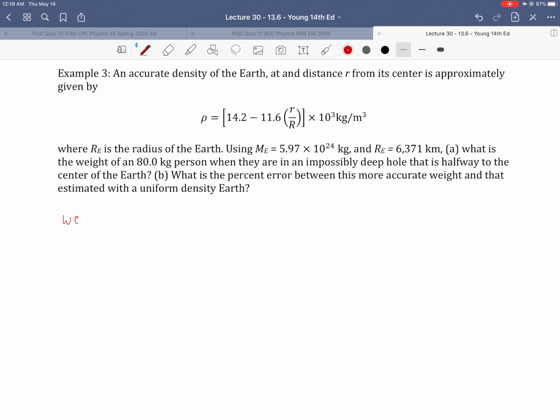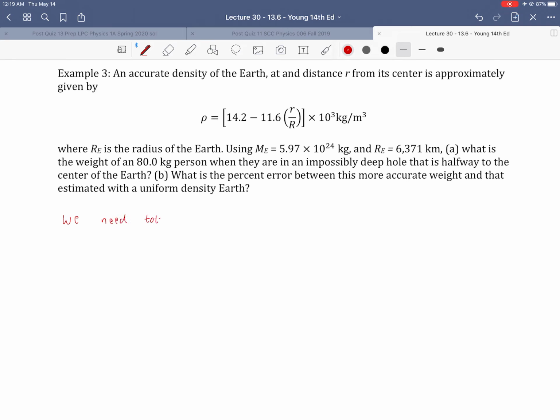This is something that we discussed when we were talking about center of mass, in particular on the moment of inertia, because the center of mass of a sphere is always going to be the center, because we really never vary the angular density. But we did deal with spheres that were not uniform density as a function of the radius, and that did affect the moment of inertia. So you've seen this before. It's just been a while.